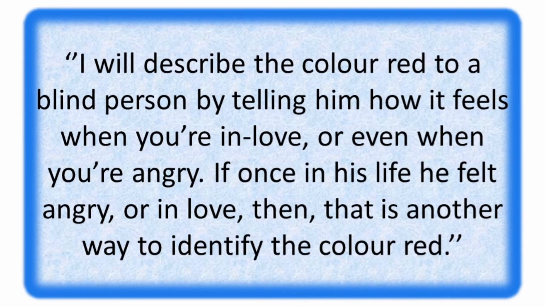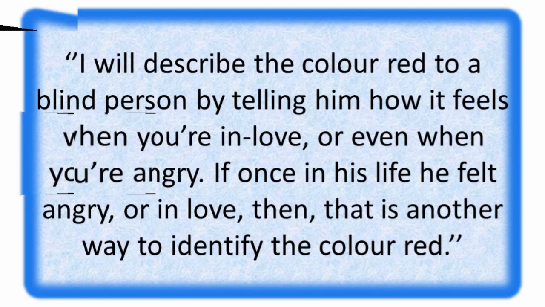Another example is, I will describe the color red to a blind person by telling him how it feels when you're in love, or even when you're angry. If once in his life he felt angry or in love, then that is another way to identify the color red. There are really multiple answers to this question, so you go ahead and pick one, or choose at least one.